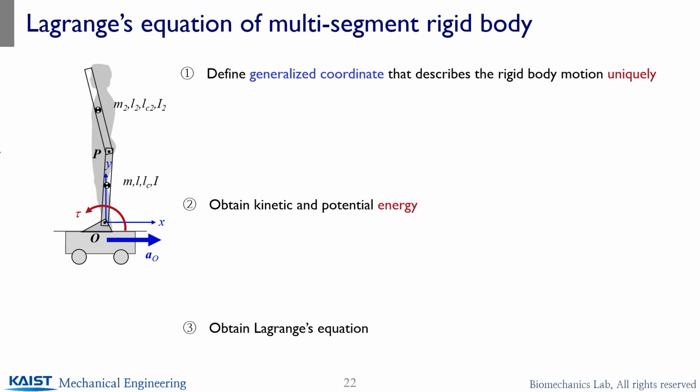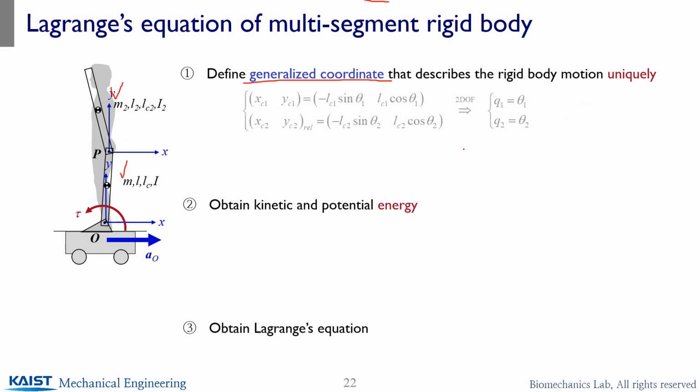Actually, it's more useful for handling more complicated systems because Lagrange's equation is a relatively easier approach, personally I think, than Newton's methods. So for Lagrange's equation for the multiple joints, you have to now define the two generalized coordinates here for the lower segment and the upper segment.